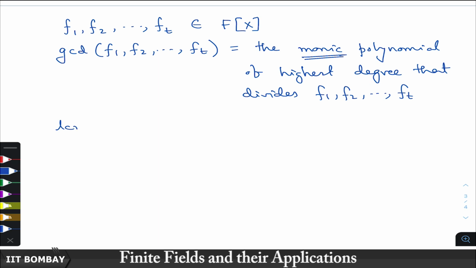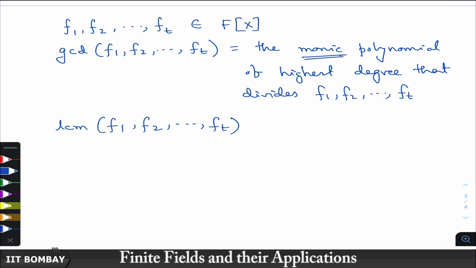LCM is also defined in the same way, least common multiple of polynomials f1, f2 up to ft. This is the smallest degree monic polynomial that is divisible by all these polynomials.